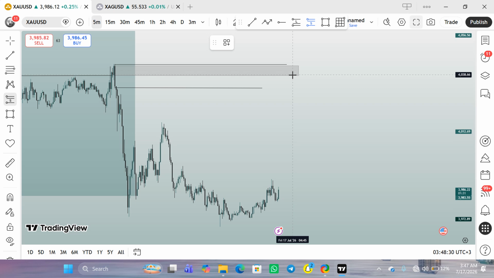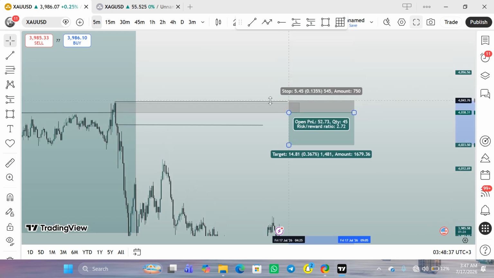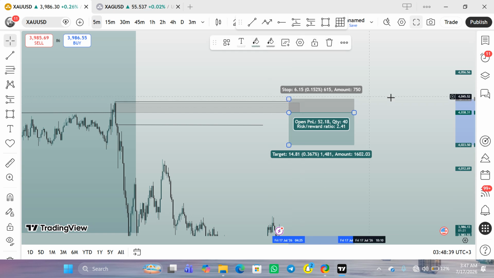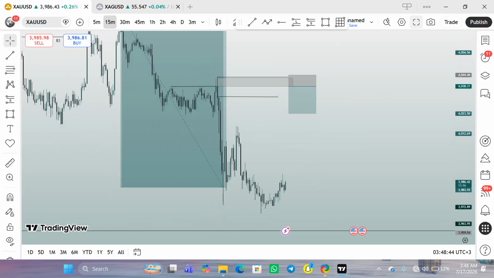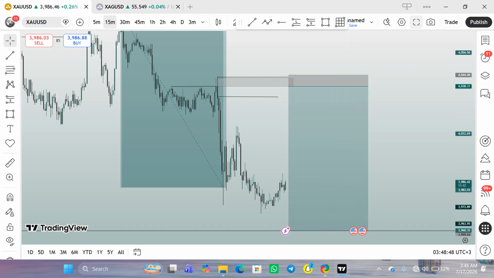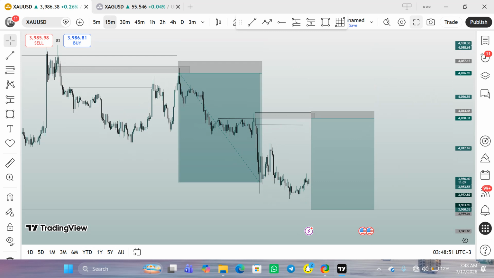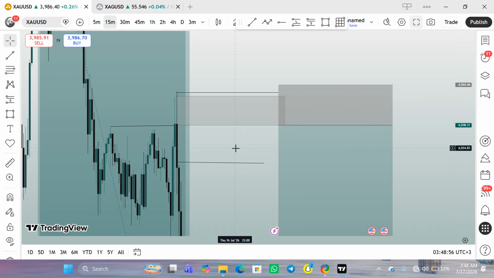So this is where I'm waiting for price. Stop loss above that area. Target this lower zone. So if you want to see where I'm waiting for price, that is where I'll be waiting for the price.